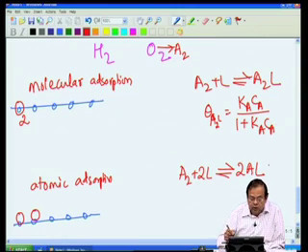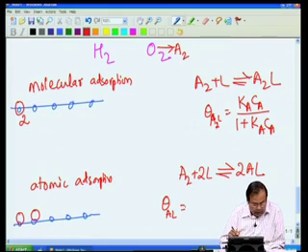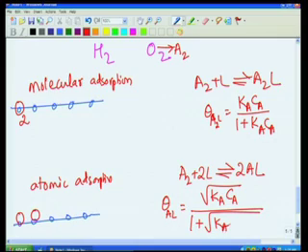But if you go through the exercise for atomic adsorption, the same thing that we talked about, then we will get theta AL as root Ka Ca by 1 plus square root Ka Ca. I leave it to you as an exercise, where did this half or square root come from.